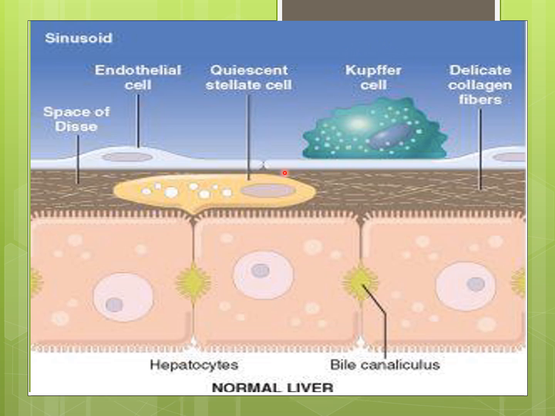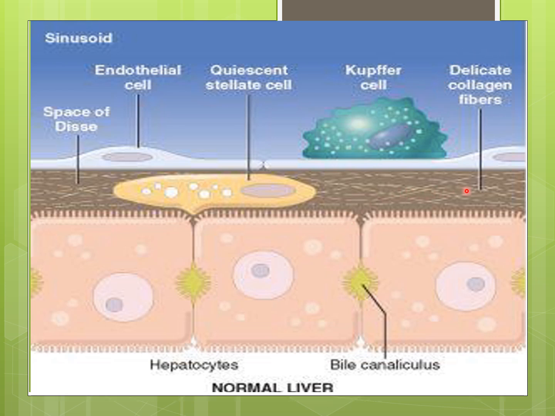Interestingly, between the sinusoids and the hepatocytes in this space of Disse are special cells called stellate cells. Stellate cells are quiescent in the normal state. They are sleeping. Some people say they are important in the storage of vitamin A. So they are not doing anything here. This is the normal histology. Most important is that this space contains delicate collagen fiber.